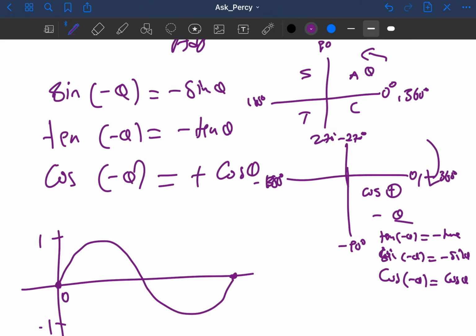Sine 90 degrees is 1, and sine of 180 degrees is 0. Sine of 270 degrees is negative 1. Sine of 360 is 0.